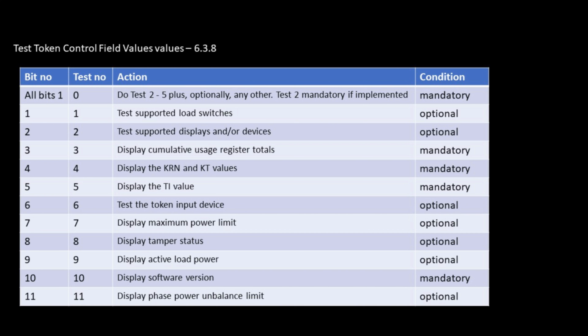There are some tests on the right marked optional. That means you don't need to do them. But any test that's marked mandatory must be done, whether it's in test 0 or in the individual tokens. Those need to be covered. So depending on the bit that you set, it'll do that particular test.